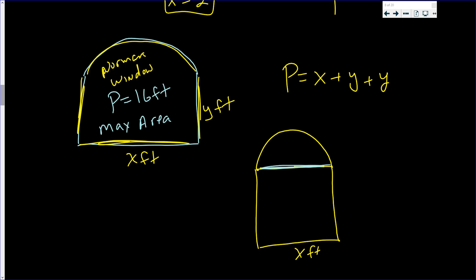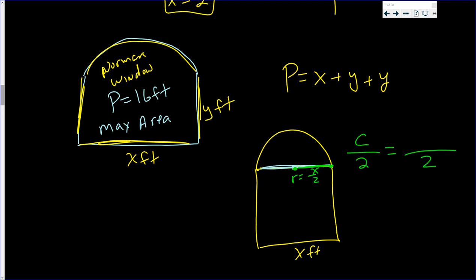But that means that the center to here, which is a radius, will be X over 2 feet. So we know that the radius is X over 2. Now, I don't want the circumference of a circle. I want the circumference of half a circle.